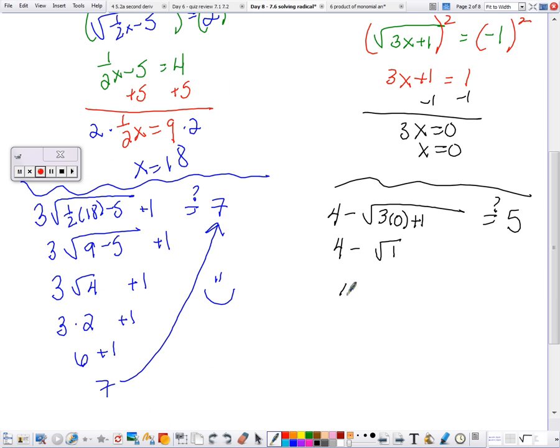Well, the square root of 1 is 1, and 4 minus 1 is 3. Wait, that's not 5. Sorry, it's supposed to say not true, or not equal. So therefore, this is not a solution. There's no other choices, so there are no solutions.